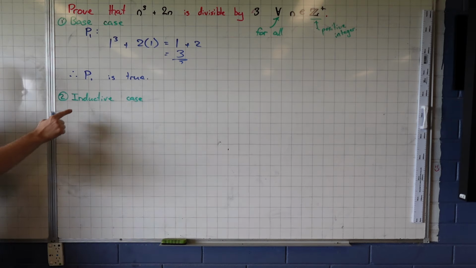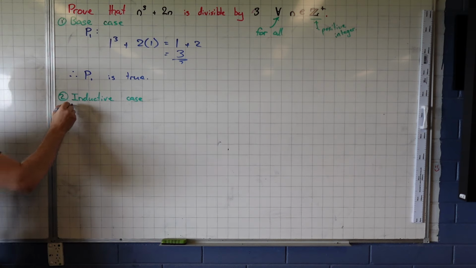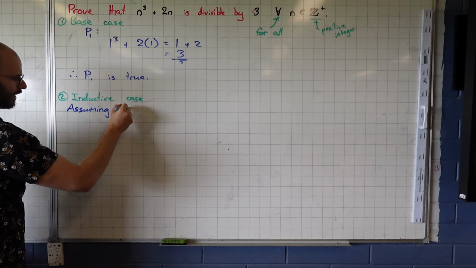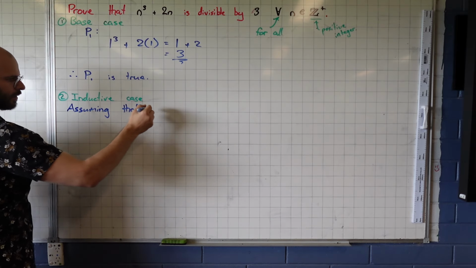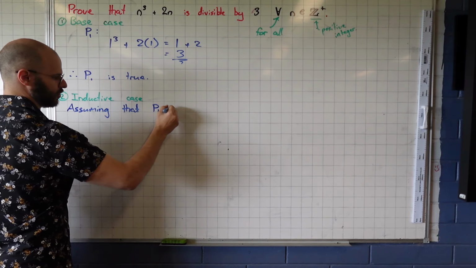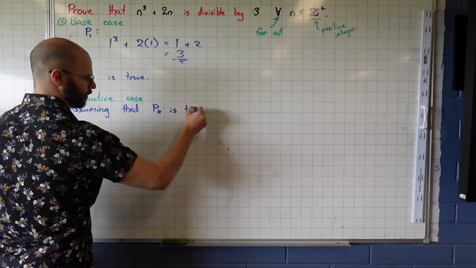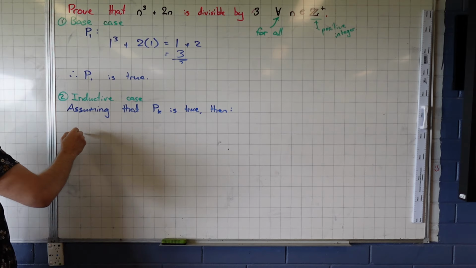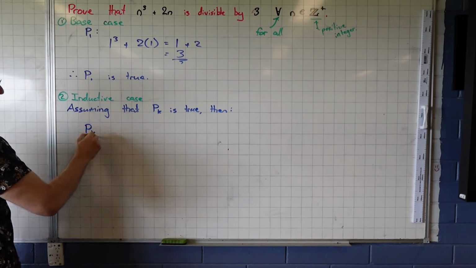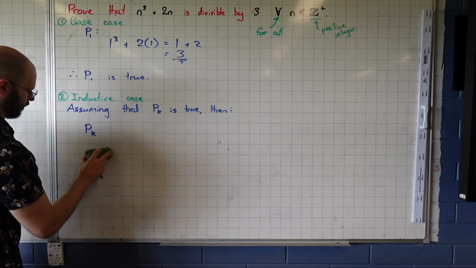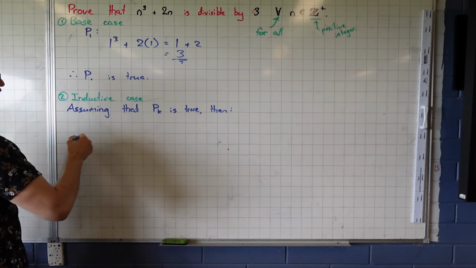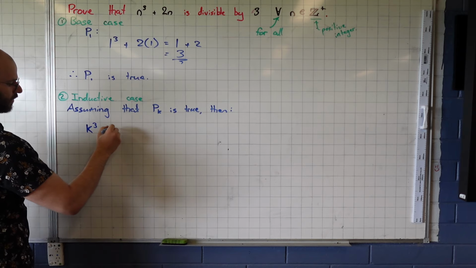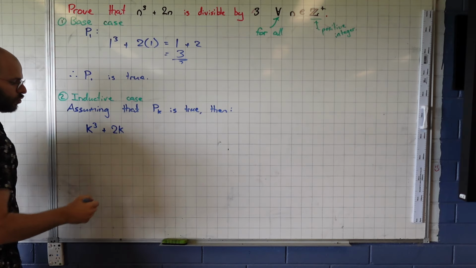Now, what's our assumption here? P of k is true. Yeah. Assuming that P of k is true, then what we're going to find is that k to the power of 3 plus 2k is true.